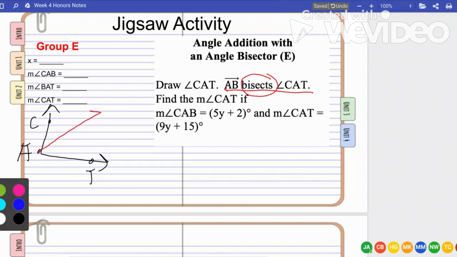So that means it goes through the middle. These two angles have to be congruent, so they get the same swoosh. This is ray AB. Angle CAB is 5y plus 2. And it says angle CAT, that's the total, so I put a swoosh on the outside of this.